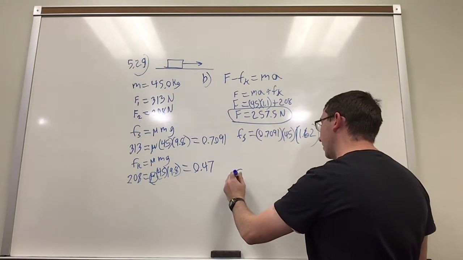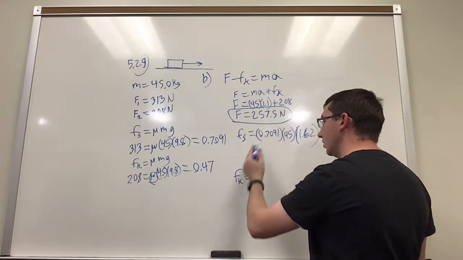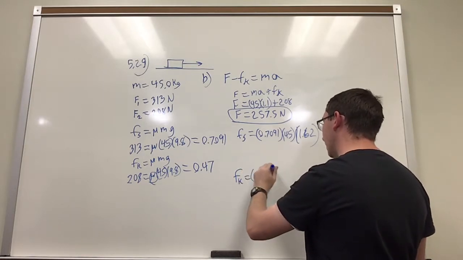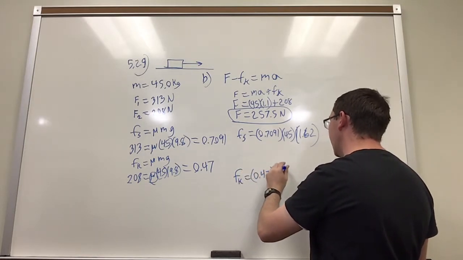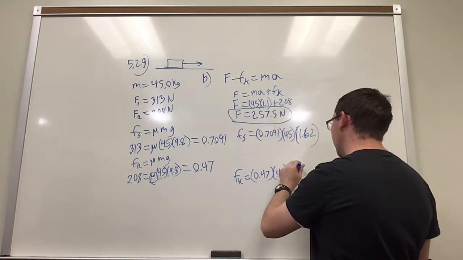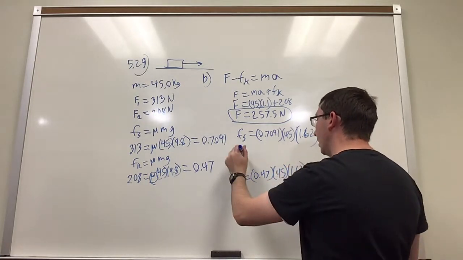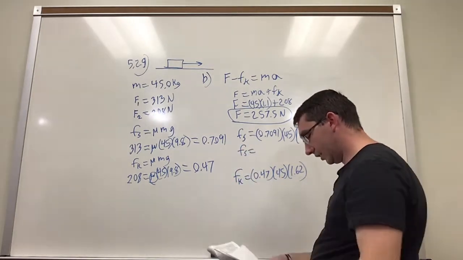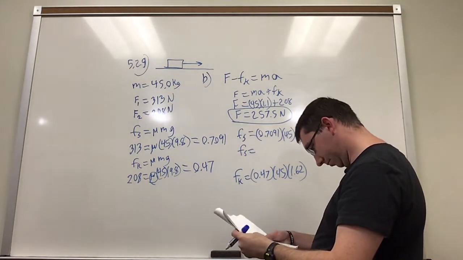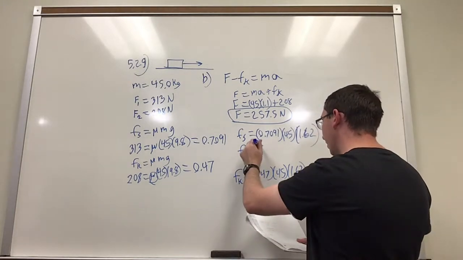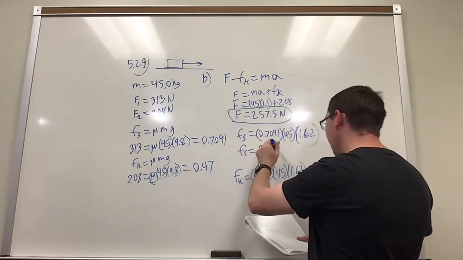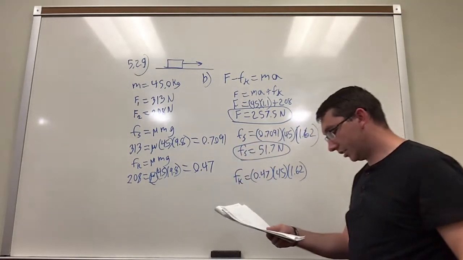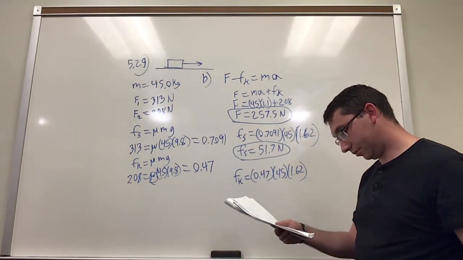And then for kinetic friction, 0.47 times 45 times 1.62. That gives us a force of static friction that is going to be equal to 51.7 newtons for our static friction on the moon.